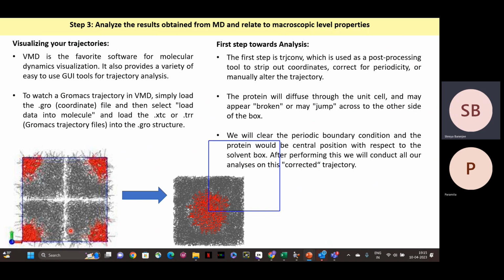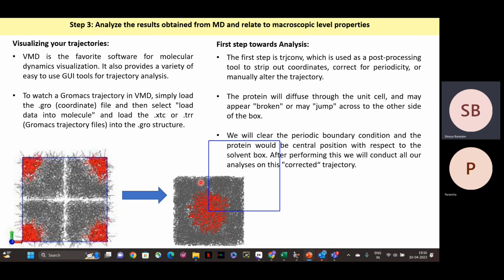You can see here, the protein appears broken, like it is suddenly breaking off here and continuing on the left side. Again, it is breaking off here and continuing on the right side. So this picture needs to be manually corrected. The periodic boundary conditions need to be adjusted such that these 4 images are put together to get the actual image of the protein.